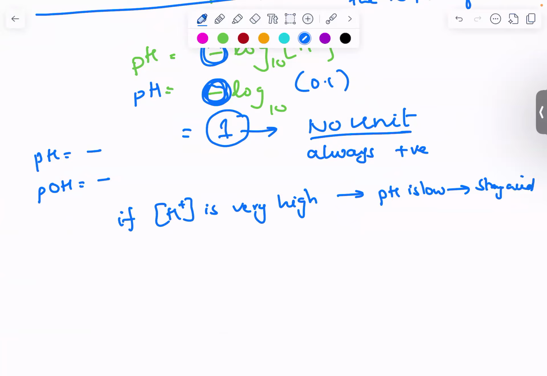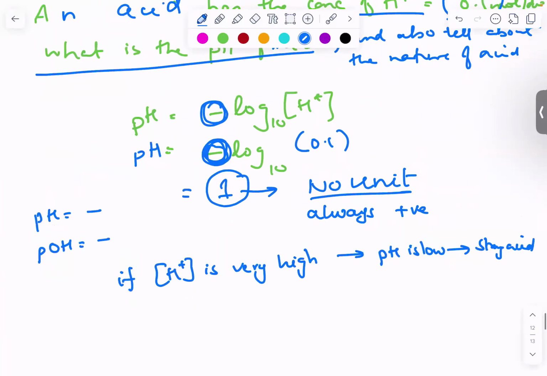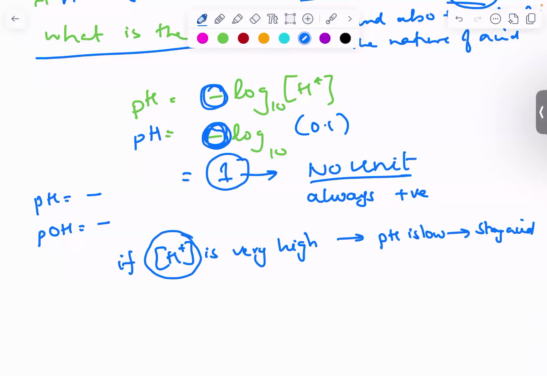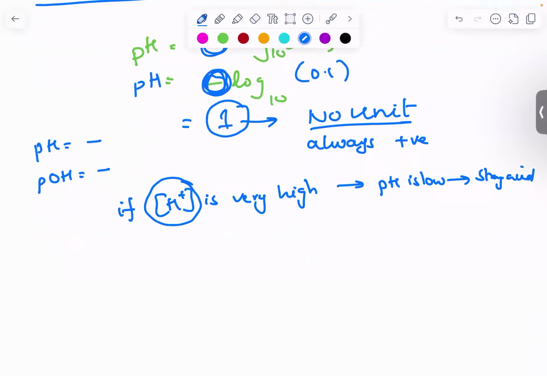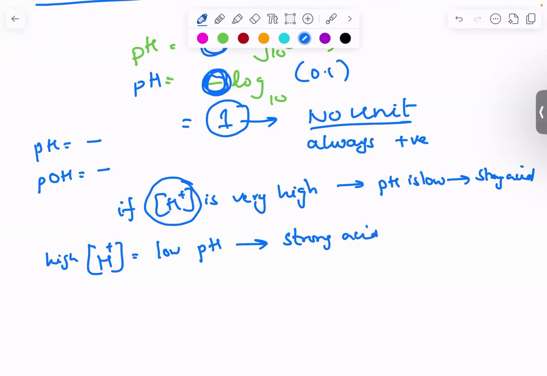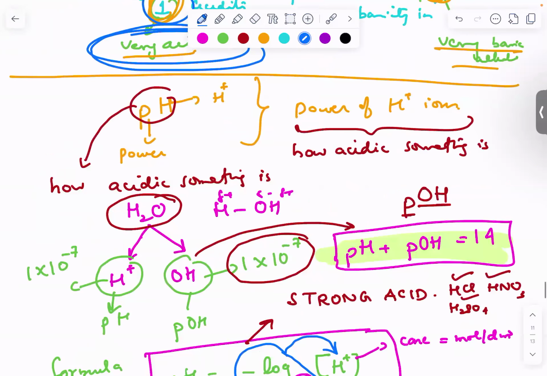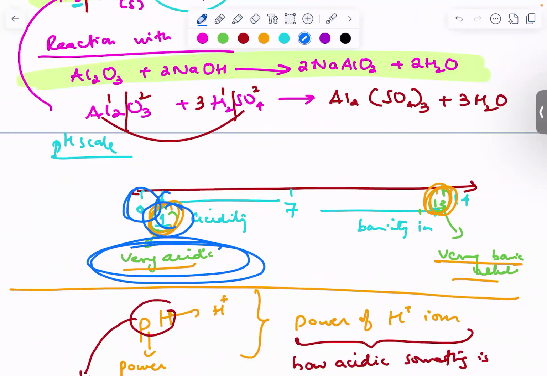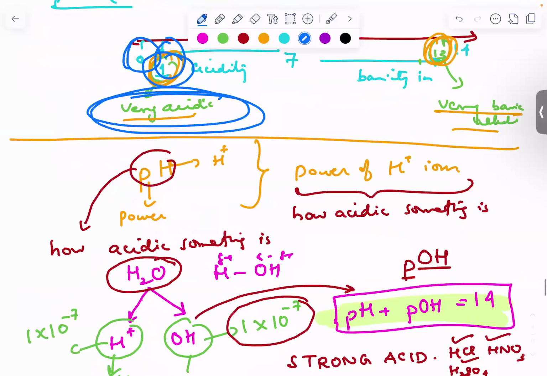So high hydrogen ion concentration means low pH, and low pH doesn't mean a weak acid; it means a very strong acid, as I told you here. If something has a pH of 0 point something or 1 point something, that means it is very acidic. I hope it's clear.